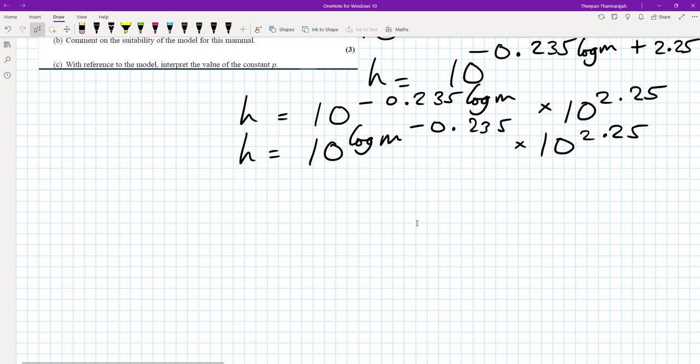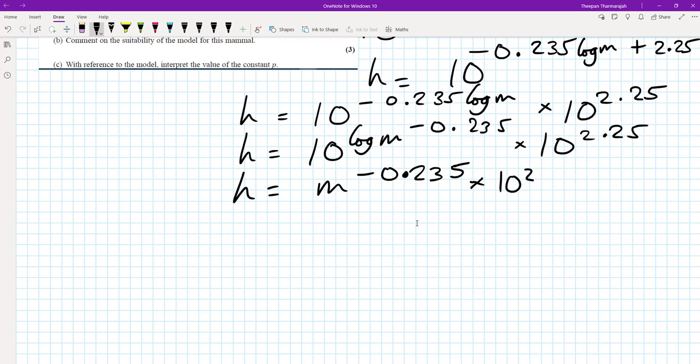And we can use our calculator to evaluate these. But before we do that, 10 raised to the power, and I've got a log, they will cancel, so I'll get m raised to the power of minus 0.235 times 10 to the power of 2.25.